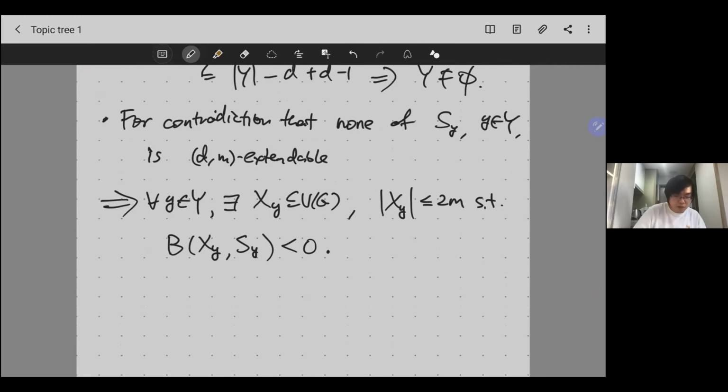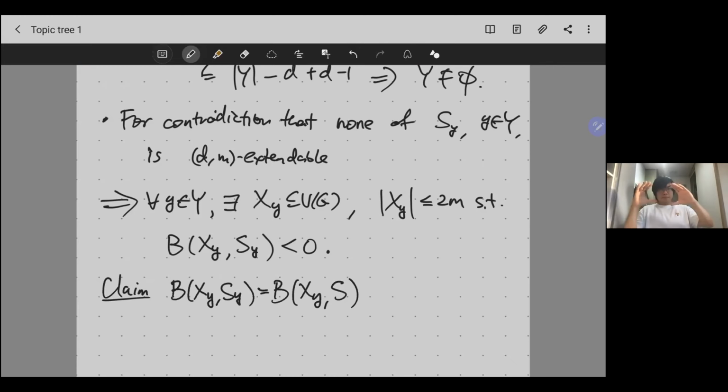I claim that if you look at the balance of the set X sub y with respect to S sub y, compared to its balance with respect to the one smaller embedding S, what's the difference?